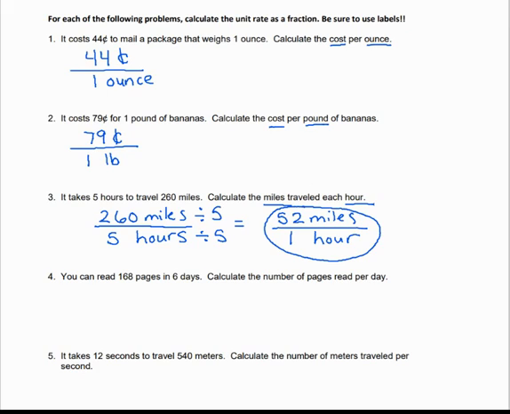Okay, let's do number 4 together. You can read 168 pages in 6 days. Calculate the pages per day. So pages is up top. So 168 pages per 6 days. Let's hear from somebody besides Tim. What are we going to divide by for this one?